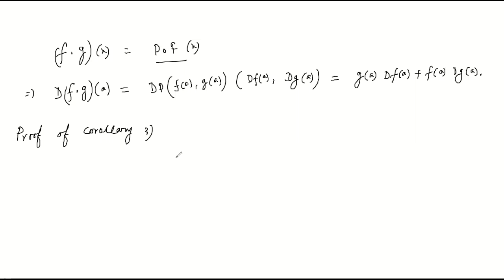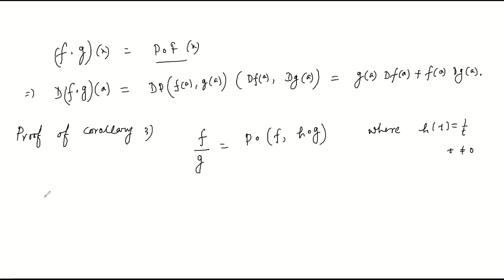Well, here f over g can be written as P composed with (f, h composed with g), where h of t, for t real and not equal to 0, is equal to 1 over t.